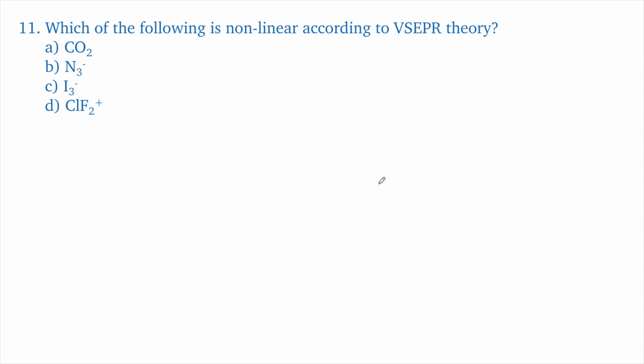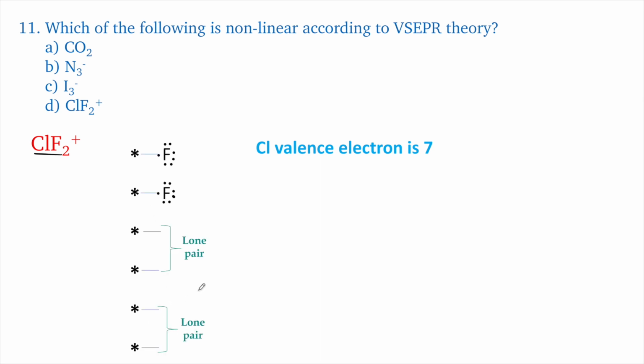So coming to ClF2 plus, chlorine will be your central atom and its valence electron is 7. Fine, and it has a positive charge, that means one electron is not there. Okay, one electron we have to subtract. So I have written only 6 valence electrons and it has only 2 fluorine atoms. So it takes up 2 valence electrons of chlorine to form bonds with 2 fluorine atoms.